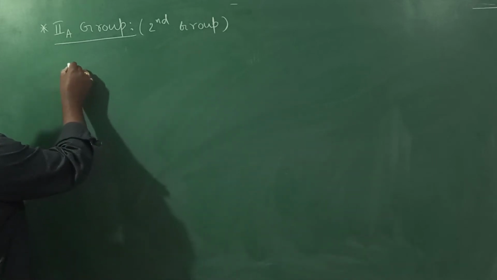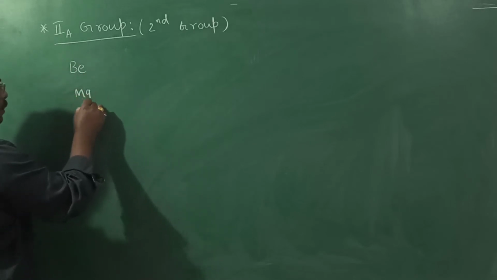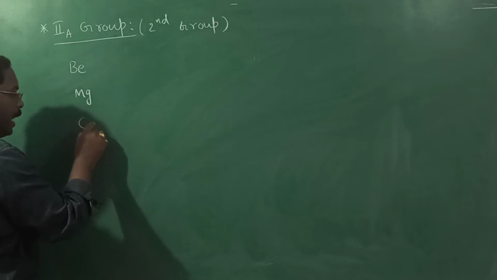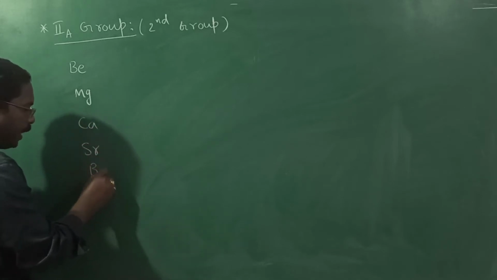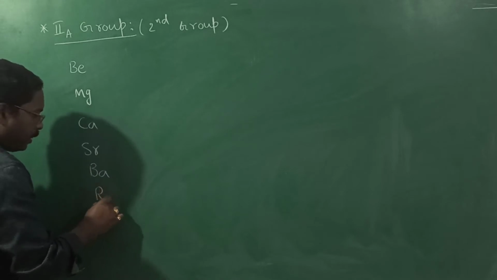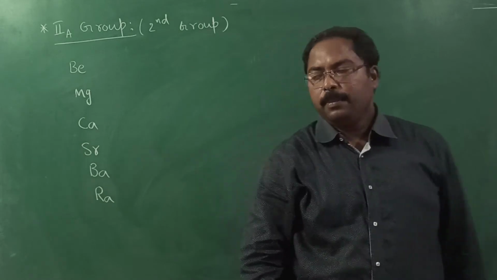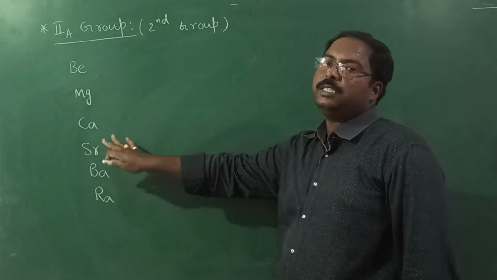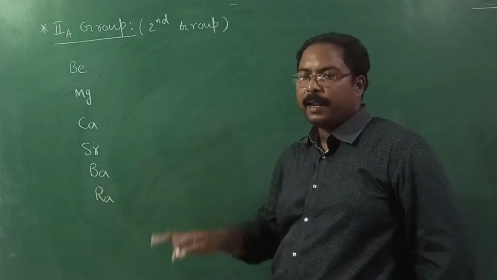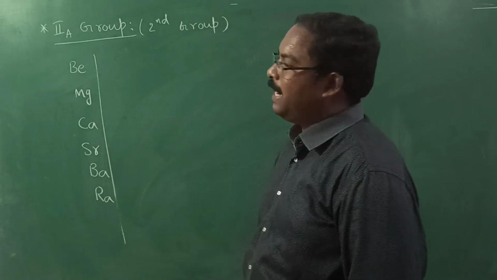What are the elements here? It starts with beryllium, magnesium, calcium, strontium, barium, and the last element, radium. Beryllium, magnesium, calcium, strontium, barium, and radium. So these are the second A group metals.